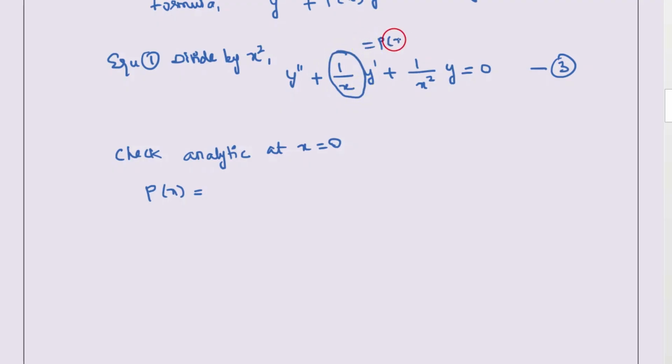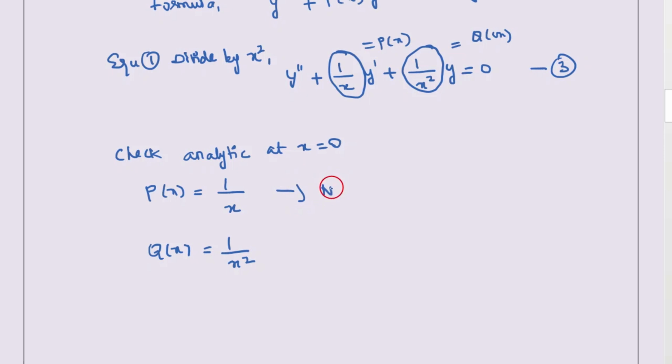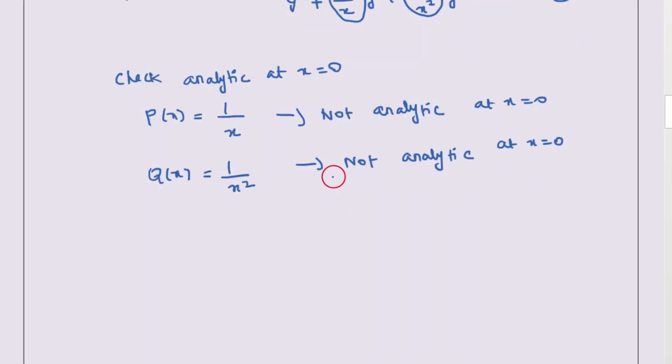From the formula, p of x equal to 1 by x and q of x equal to 1 by x square. These are not analytical at x equal to 0.